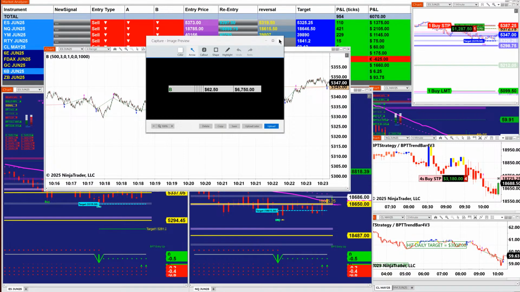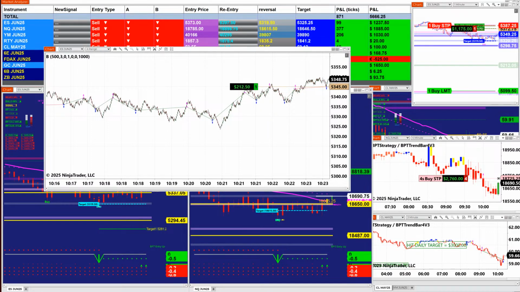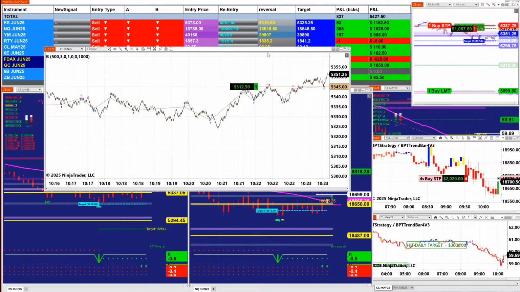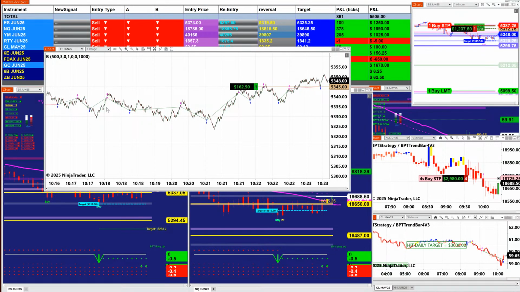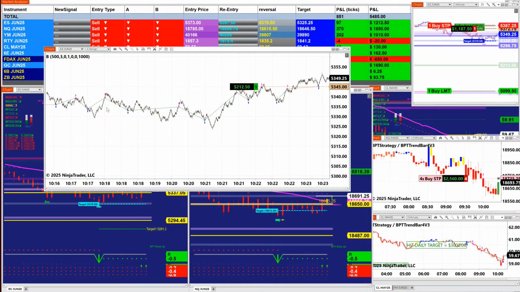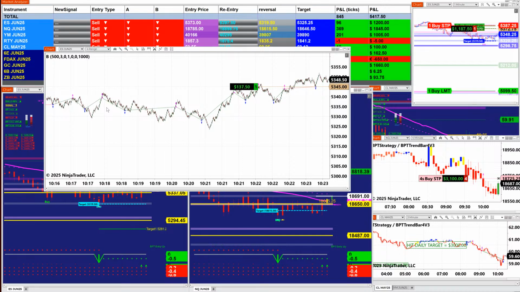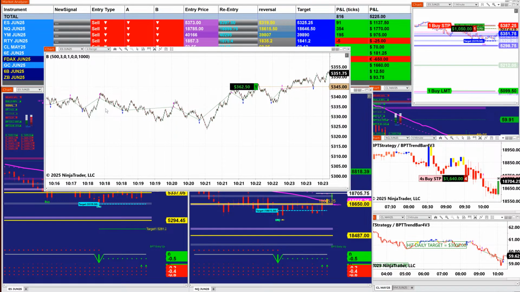But this is an aggressive auto trade, very aggressive. And right now we are about to cross 7,000 after that trade here. When I close that trade, I'll take another picture.